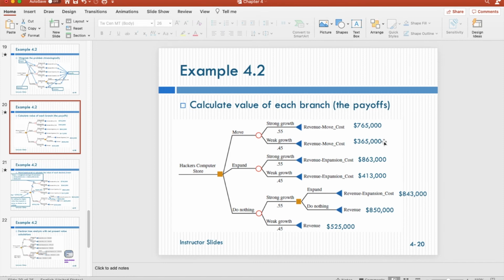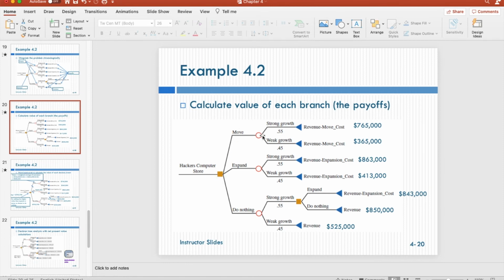But on expectation, what is your profit? If I want to know that specific amount, how to calculate it? Think about this. If I want to calculate on expectation how much money we can get if we decide to move to a new site, how can you calculate? Very simple, right? This corresponds to calculating the weighted average of this specific branch.